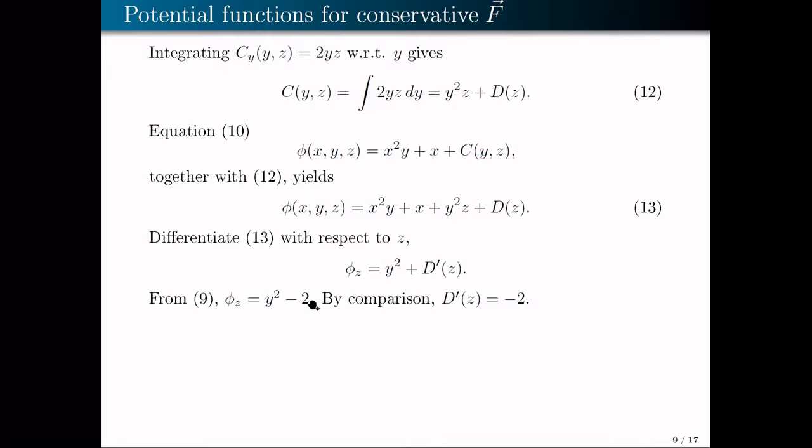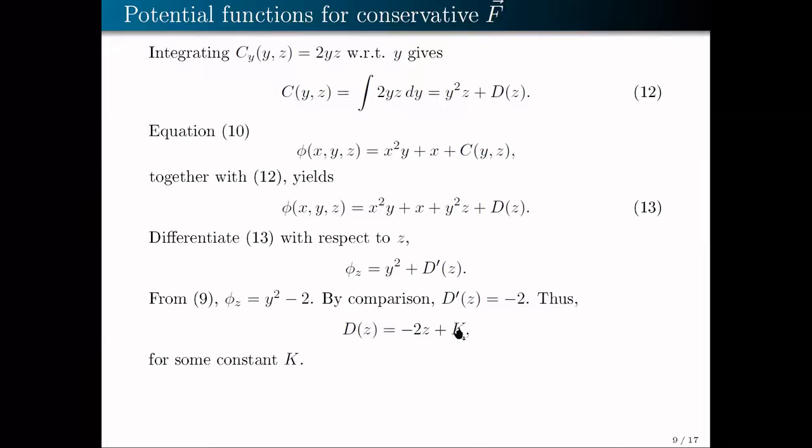we can cancel out y squared. So we have d prime of z equals -2. So we can integrate with respect to z. So we get d of z equals -2z plus some constant k.